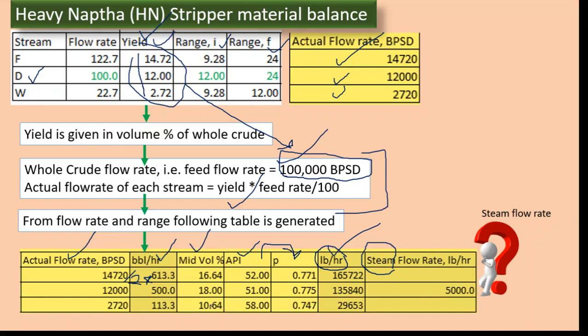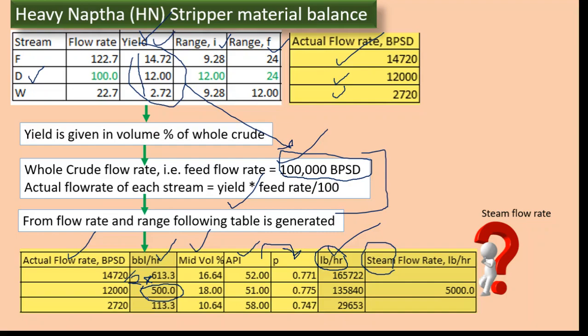So what it means is that for one barrel of stripped product, we need 10 pounds of steam. How many barrels of D are produced? The production rate of D, the stripped product, is 500 barrels per hour.